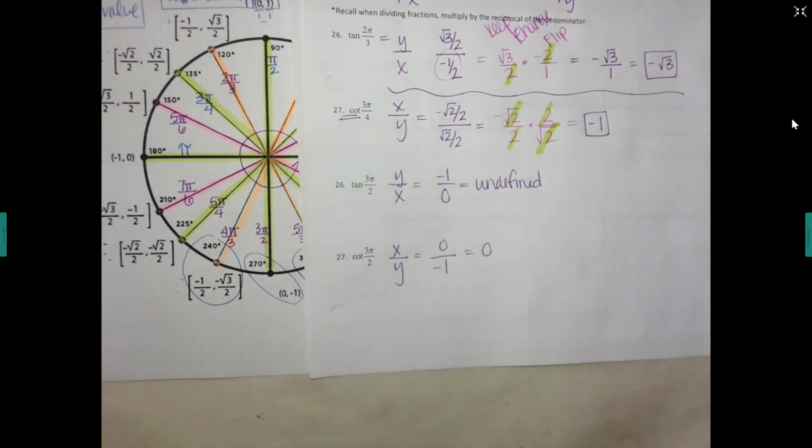Okay, the very last thing we have to cover is just positive and negative coterminal angles. So if you'll turn to your back side here. Do you remember how to find a positive coterminal angle in degrees? What do you add or subtract? 360 is correct.